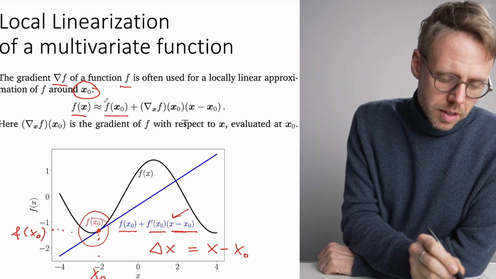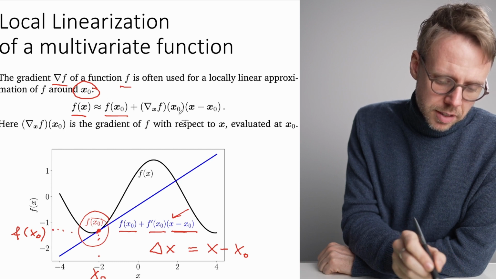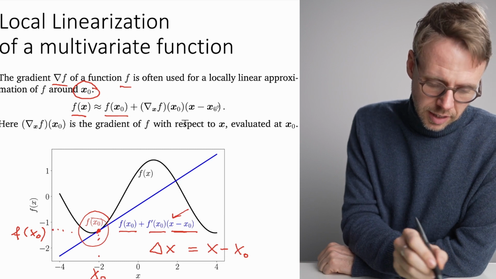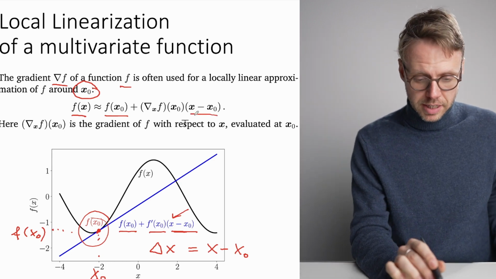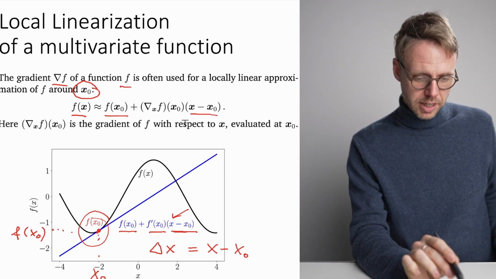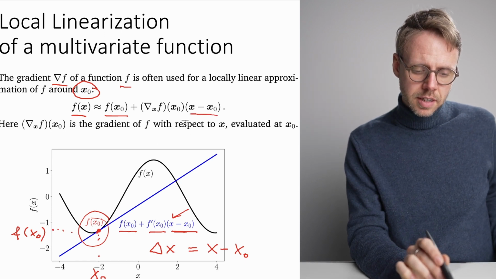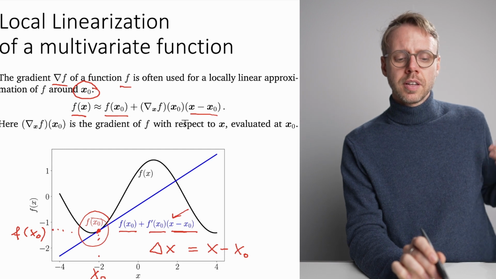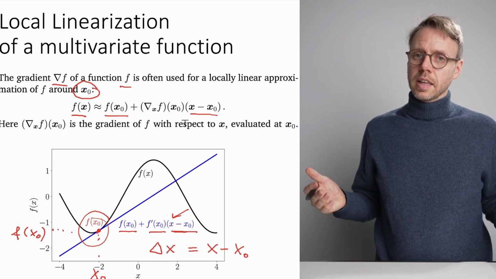And we're adding to this f of x0 a term that is 0 at x0, namely the difference between x and x0. So if we plug in x0, this term becomes 0, so we're just getting f of x0 back, times, well, the gradient of f at x0.